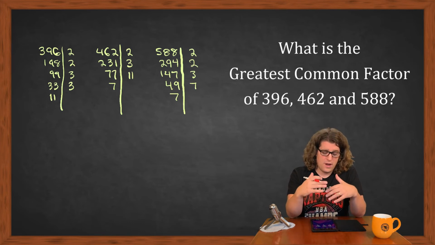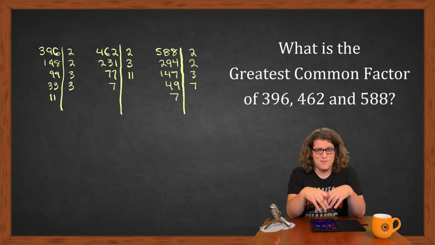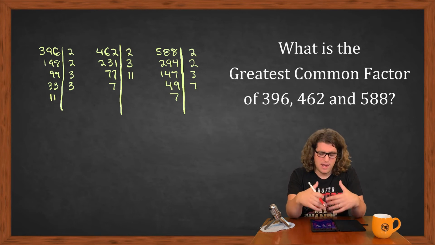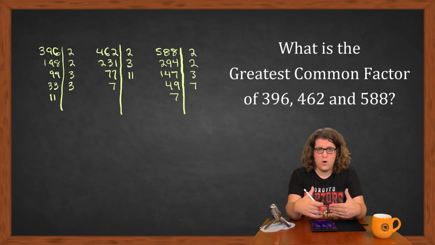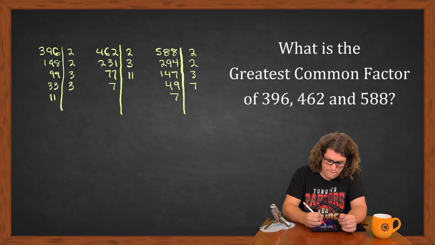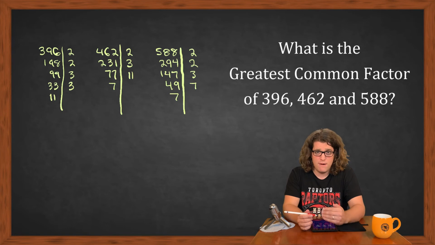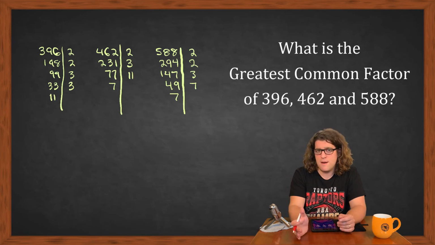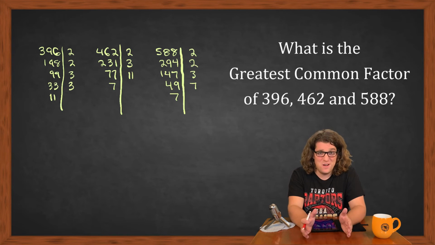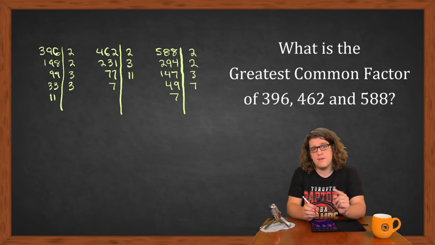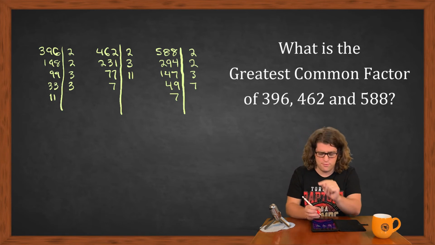Now, what I have here is what I think is the most efficient method to do this by hand, because now all I have to do is look for things that are in common between the prime factorization of these 3 separate numbers. The fact that it's 3 separate numbers has no bearing on the method, so it works the exact same way as with 2, other than it has to be shared between all 3 of them.